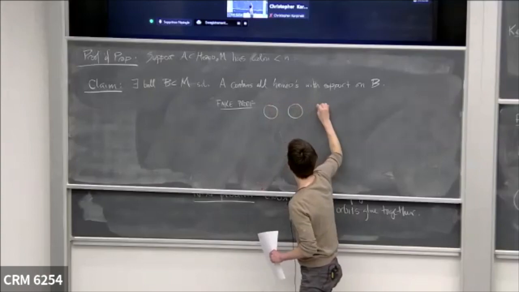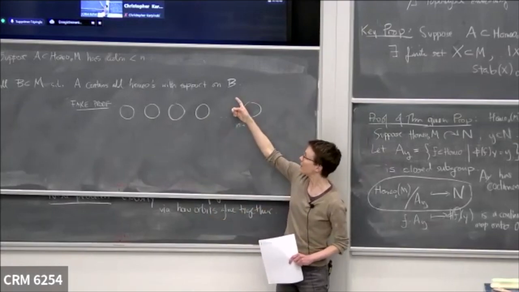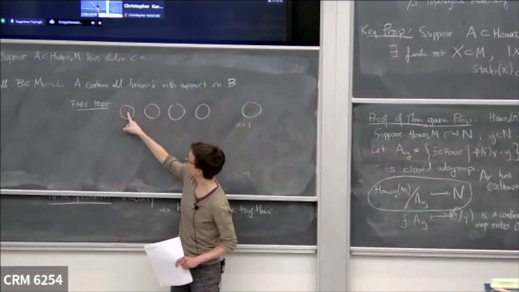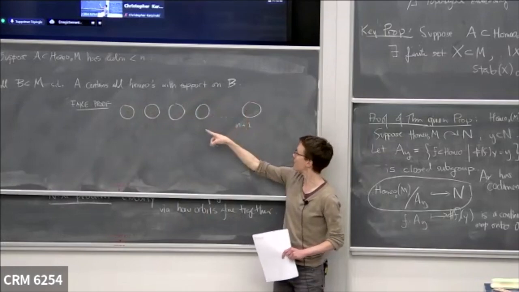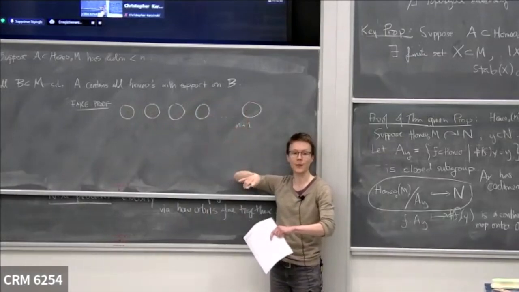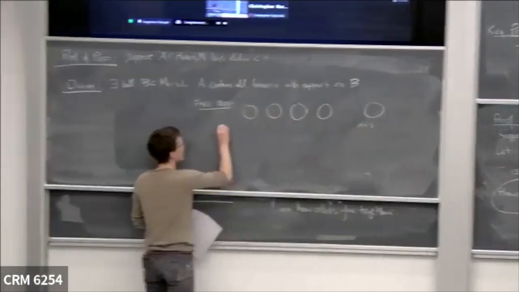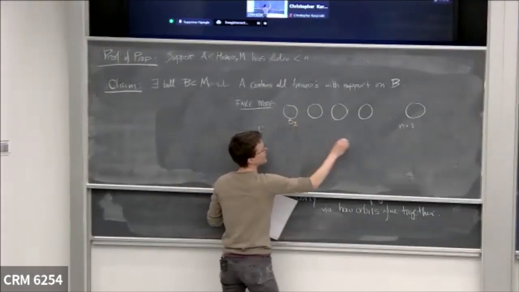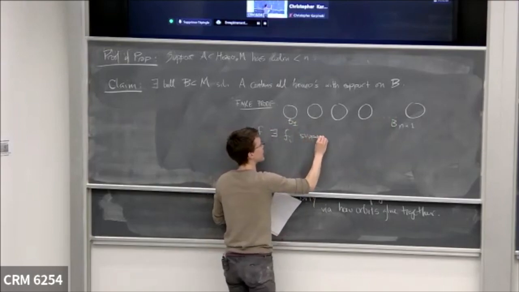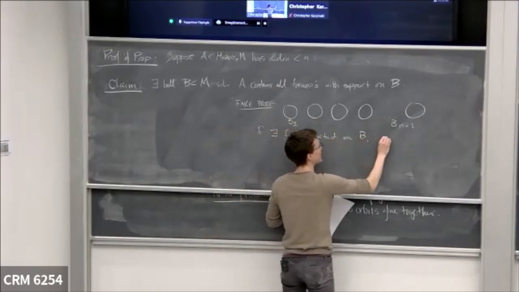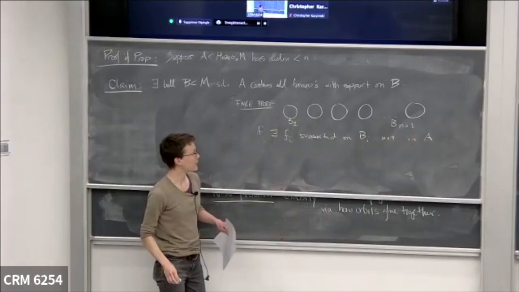Take n+1 disjoint balls, and if each one of these contains some homeomorphism not in A, then I have n+1 independent things I can do that all survive the quotient by modding out by A. So if here's B1 up to Bn+1, if there exists some Fi supported on Bi not in A, then, well, I don't know what to do.